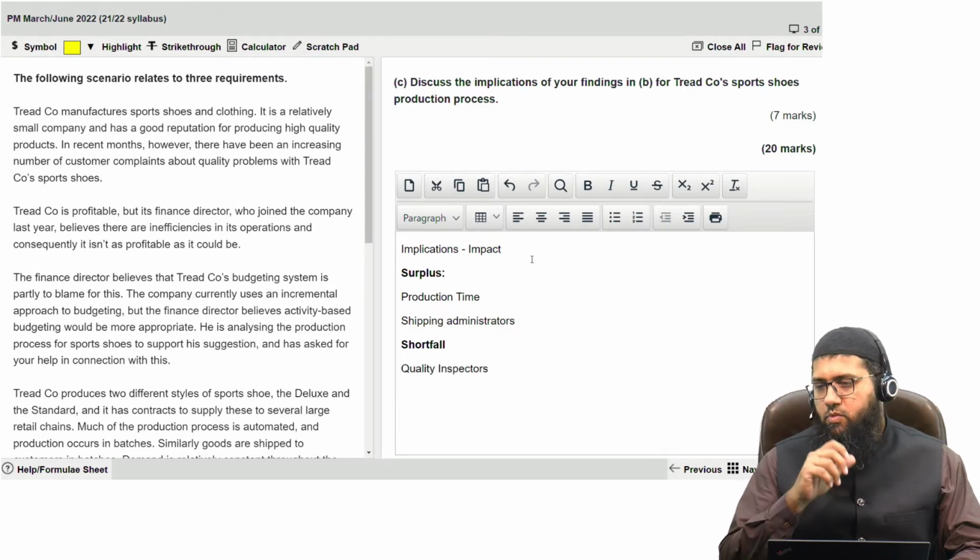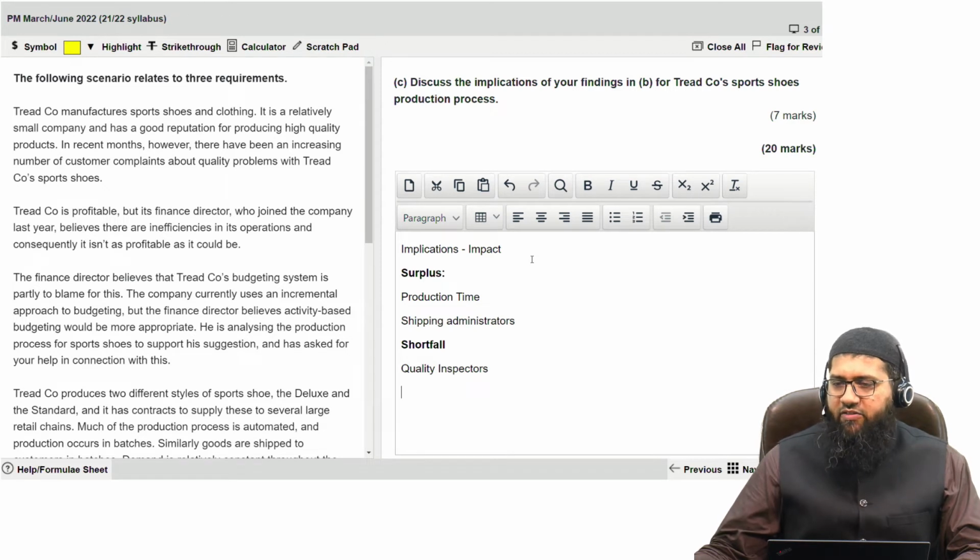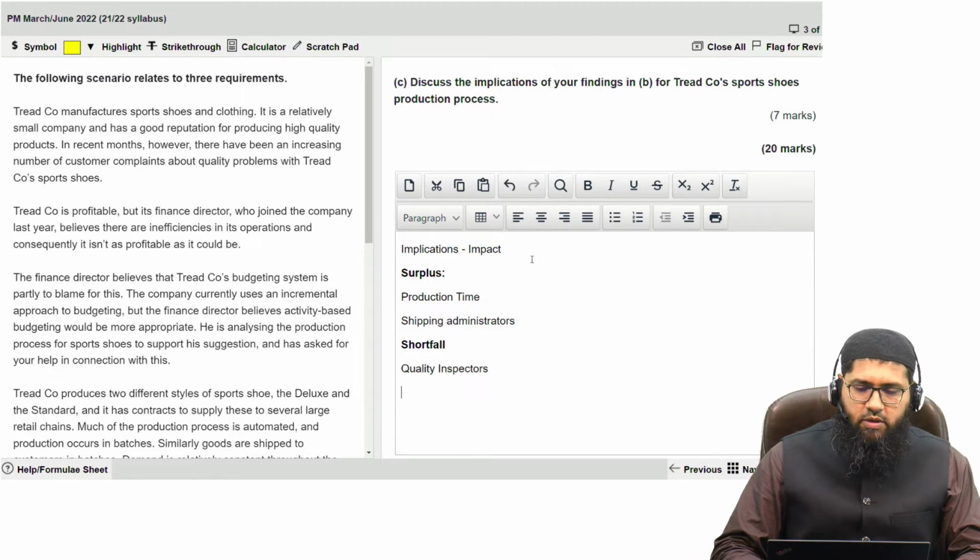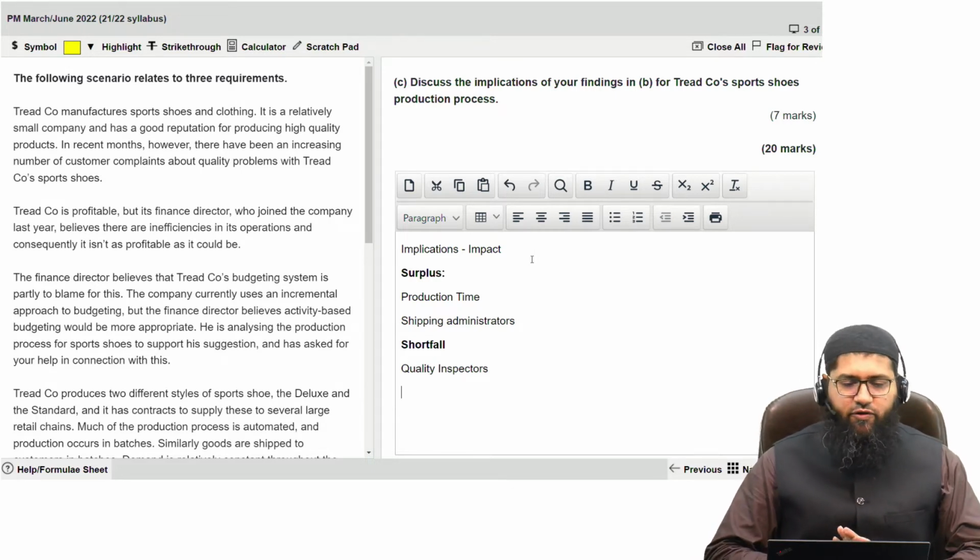Now, what is gonna be the implications? Let's have a bit of a discussion about it. If I talk about the implications for this, what is actually gonna be the impact?